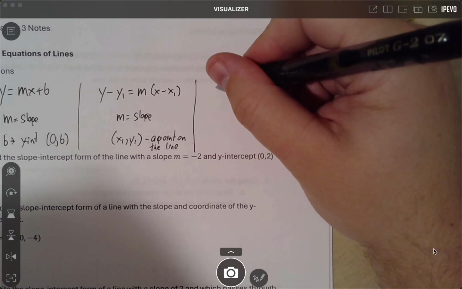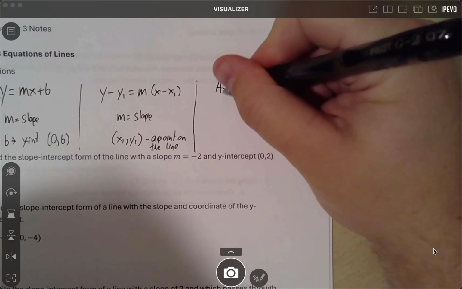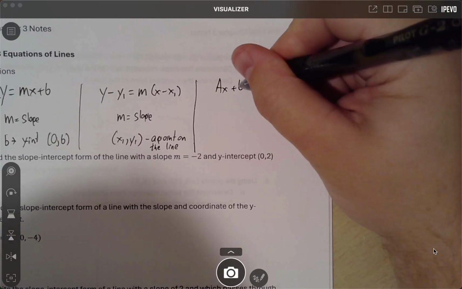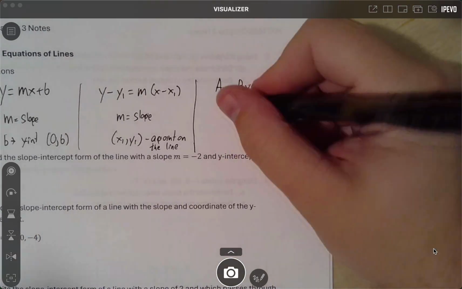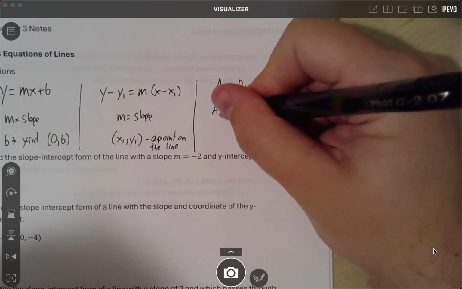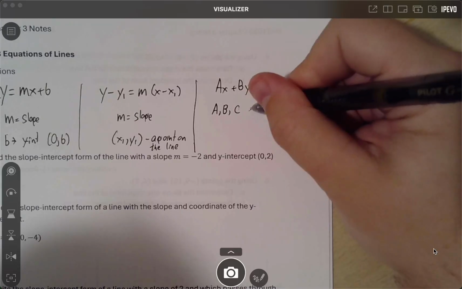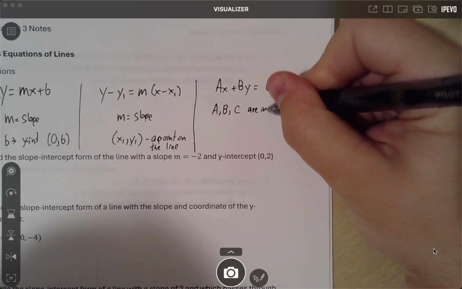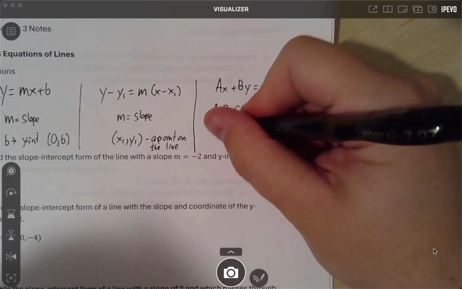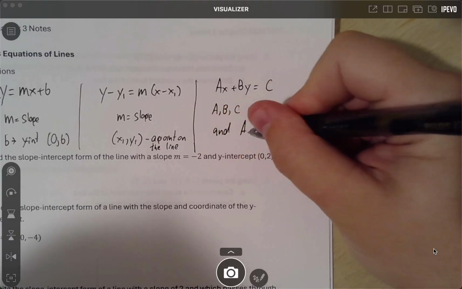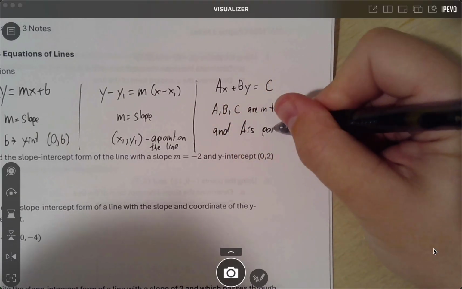It's this, where you have ax plus by equals c. Now, the idea here is we say that a, b, and c are integers. What does that mean? It means no fractions, and a is positive.